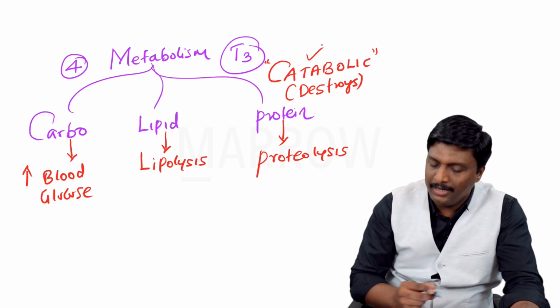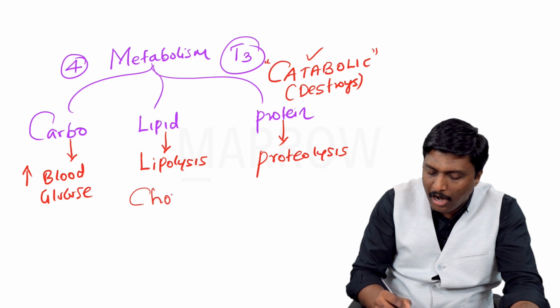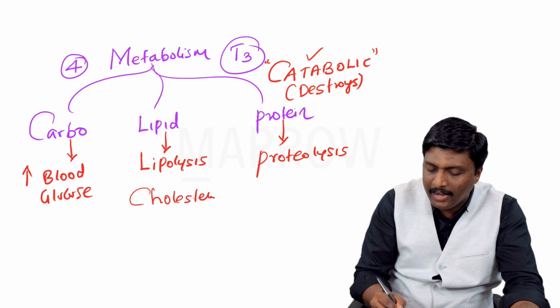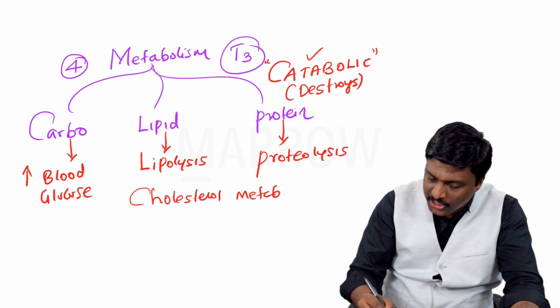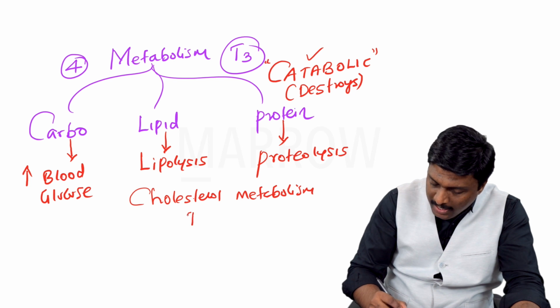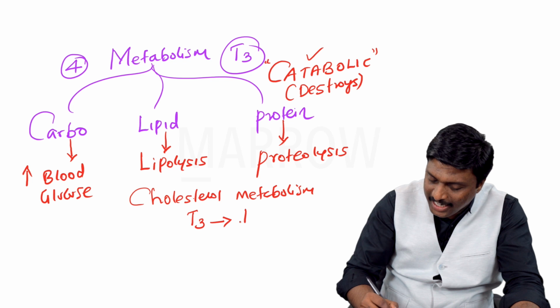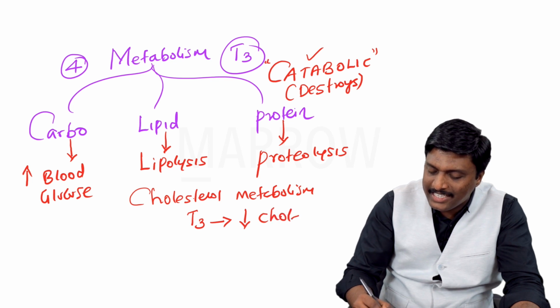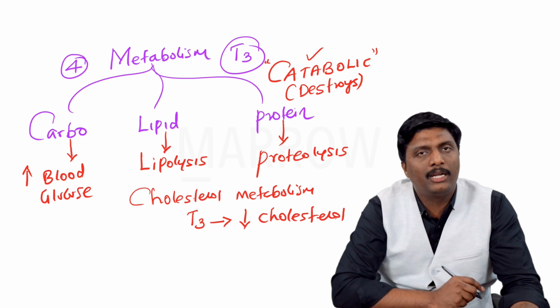In the same token, kindly make a note, it also favors metabolism of cholesterol. Thyroid hormone always favors cholesterol metabolism. When there are normal levels of T3, always remember T3 hormone decreases blood cholesterol level by favoring its metabolism.